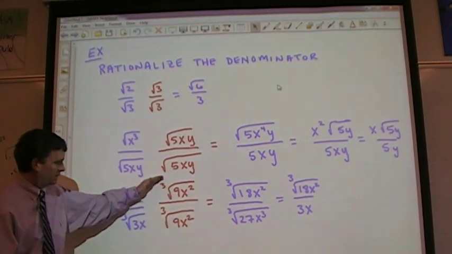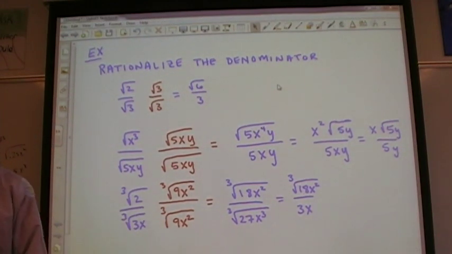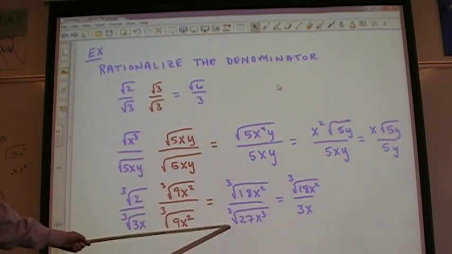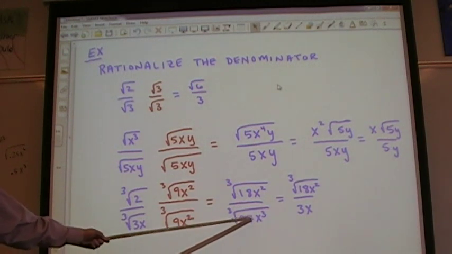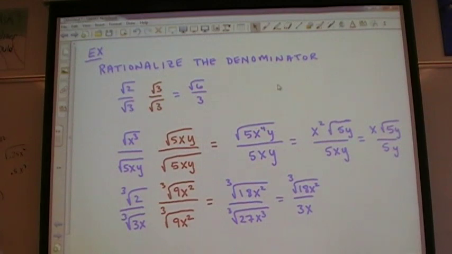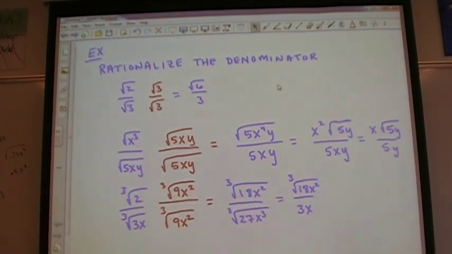So I have to multiply the top and bottom in this case by cube root 9x squared. Alright, so the top becomes cube root 18x squared. Bottom we just said becomes cube root 27x cubed, which is 3x.